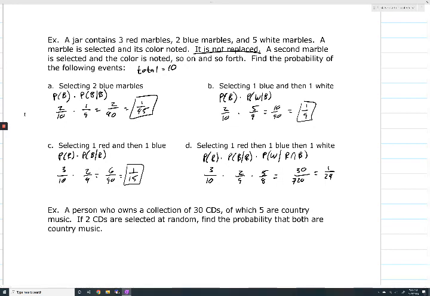C, again, same idea, red, then a blue given a red. So 3/10 because there's 3 red, then 2/9 because there's still 2, but I took 1 marble away, so there's only 9. And then in part D, same idea, the numerators are all the full numbers, so 3, 2, and 5, because I haven't taken any of them. However, I have taken marbles away, so that denominator keeps decreasing from 10 to 9 to 8.